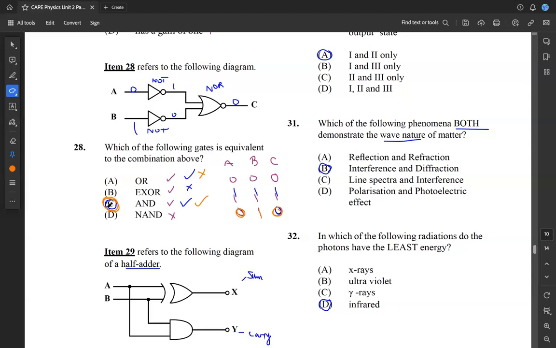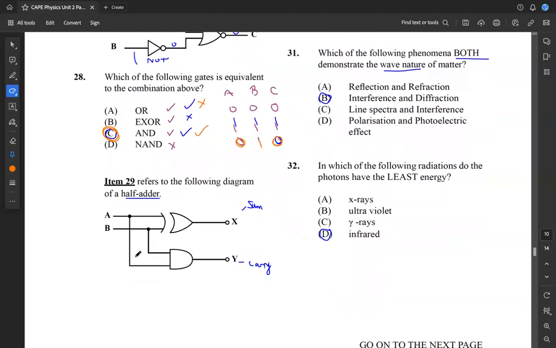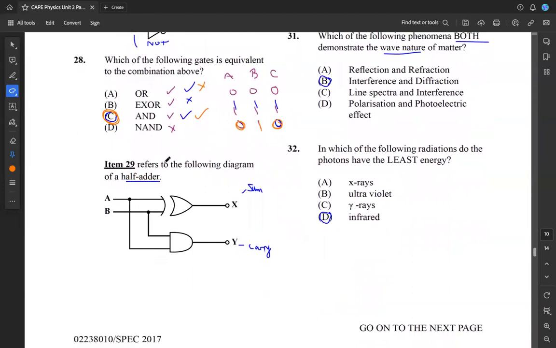All right. So moving along to item 29. Item 29 refers to the following diagram of a half adder, right? So now we're adding these bits. When we have a half adder, we can use it to add two 1-bit numbers. So we can put in our input here.